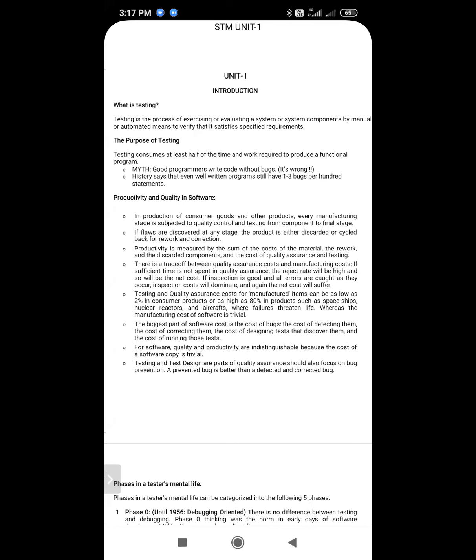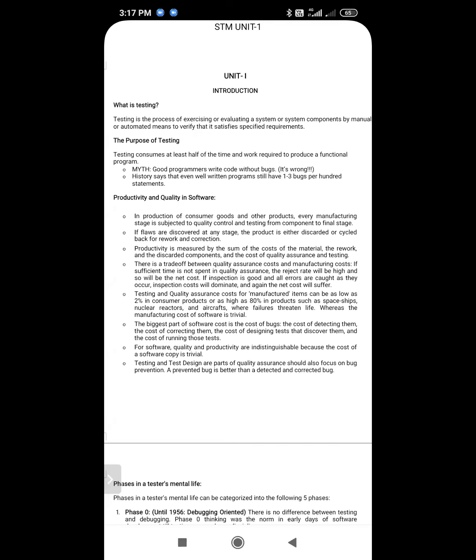That means the cost of this software is very high because of our bugs, because the rework and the cost of materials have to be redone.